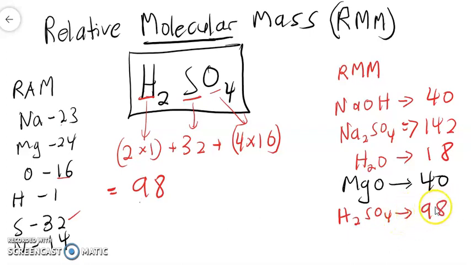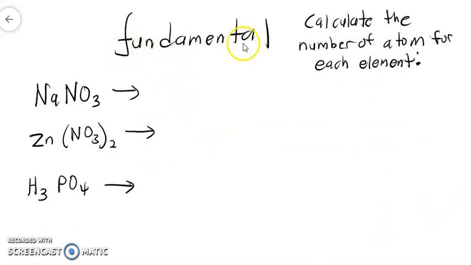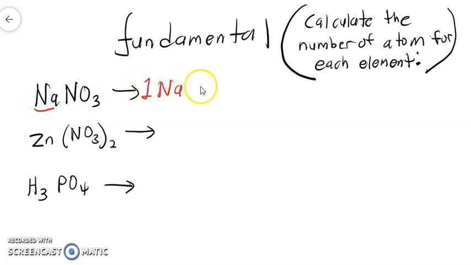But let me teach you a certain fundamental of this. The fundamental is to calculate the number of atoms for each element. Now let us look at NaNO3. Na you have 1, nitrogen you have 1, and oxygen here you have 3.